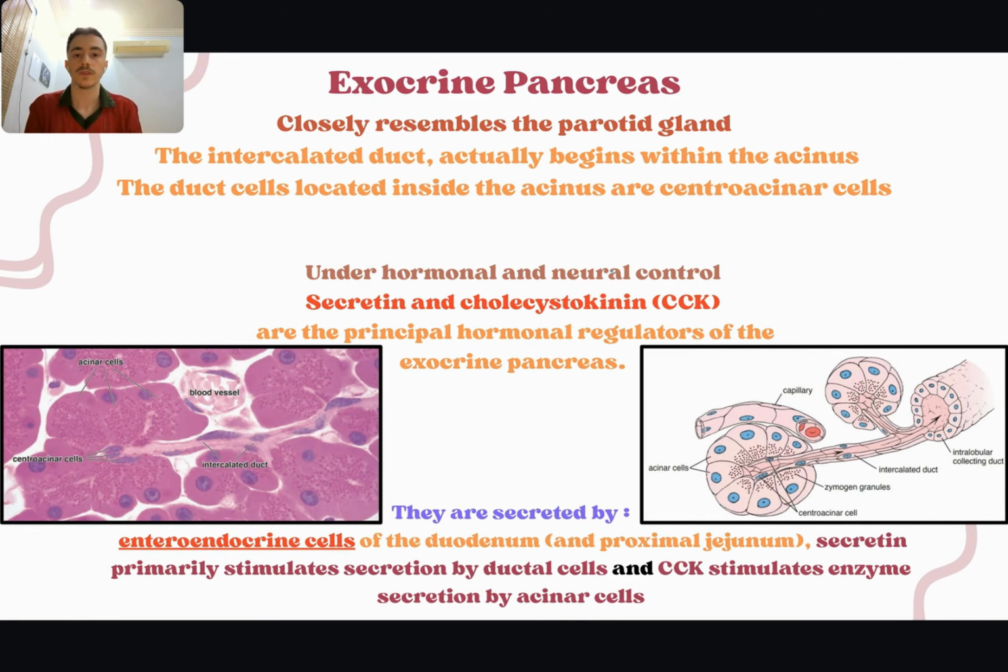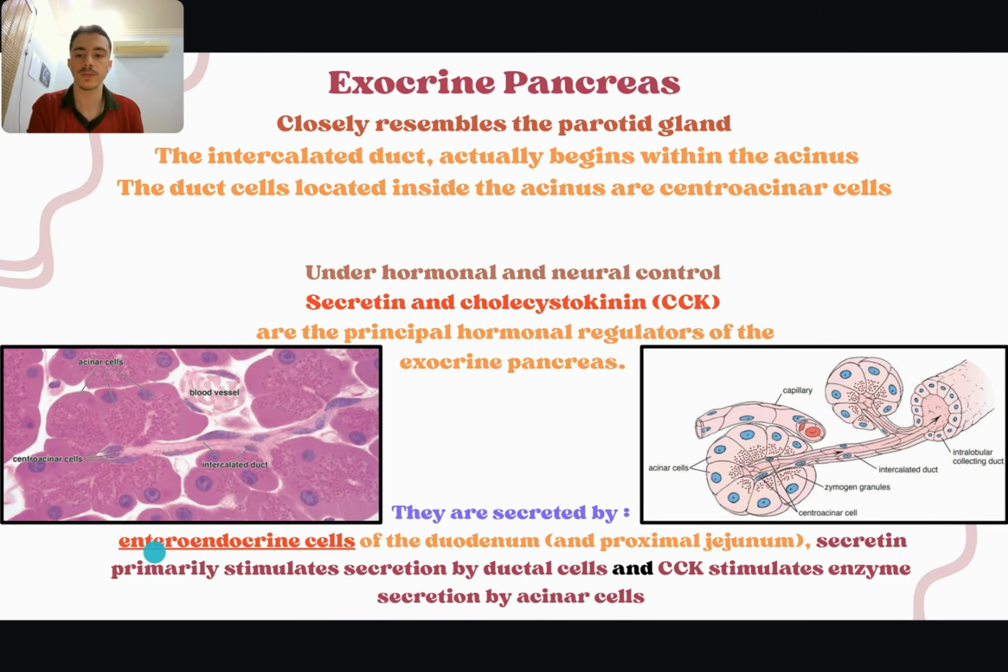Okay, what are the hormones that control it? We have secretin and CCK. Both of them are the principal hormonal regulators of the exocrine pancreas. So they are controlling the exocrine pancreas. These two hormones, secretin and CCK, are secreted by what?